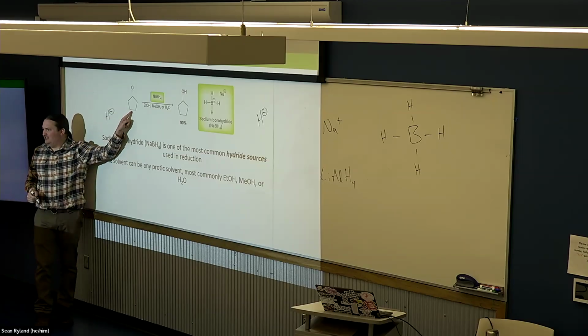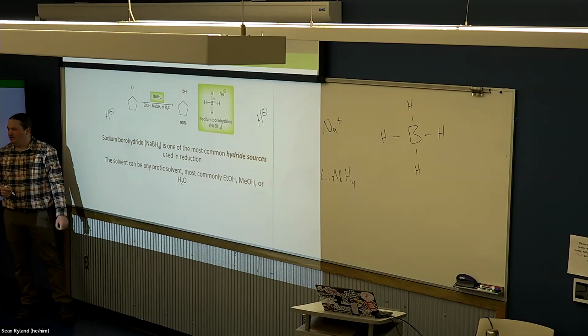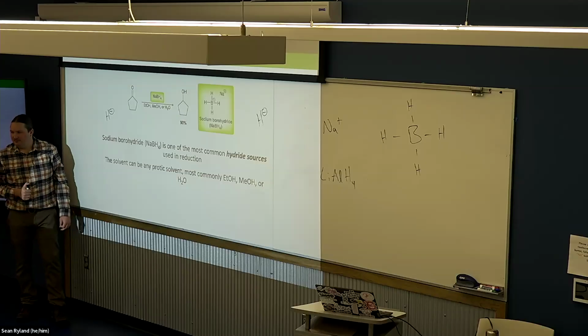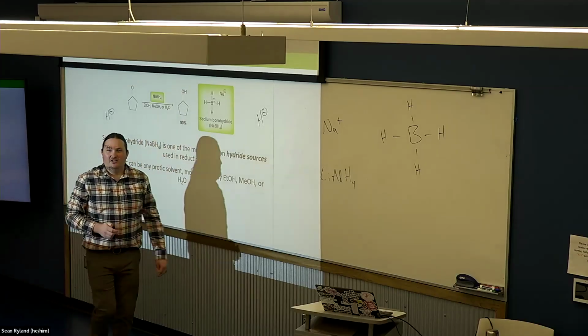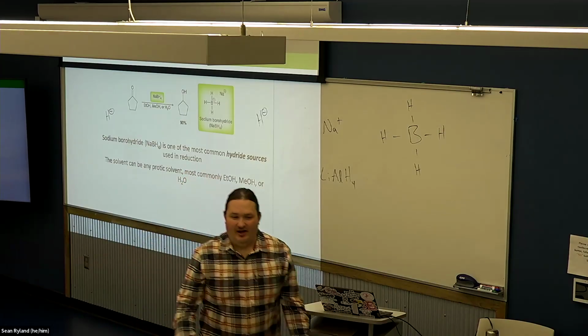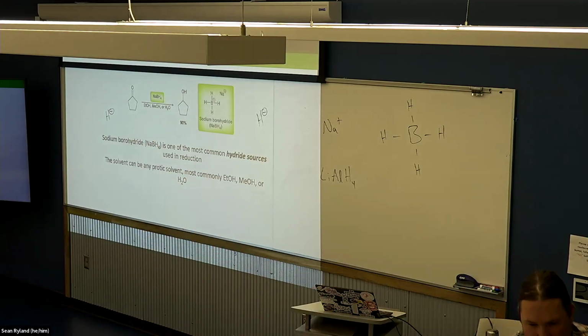What part of this molecule is attractive to a negative charge? What's the partial charge on the oxygen? It's partially negative, so would a hydride be attractive? Yeah, but wouldn't the bond next to it then? The carbon under it?